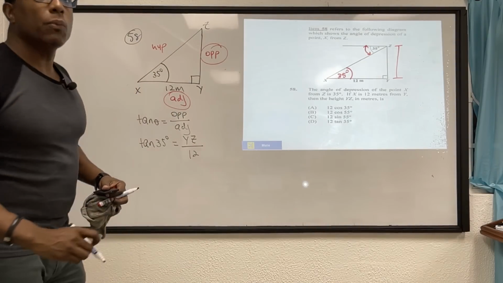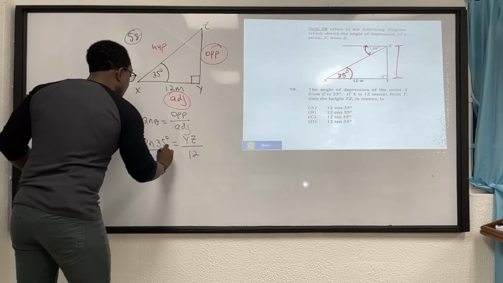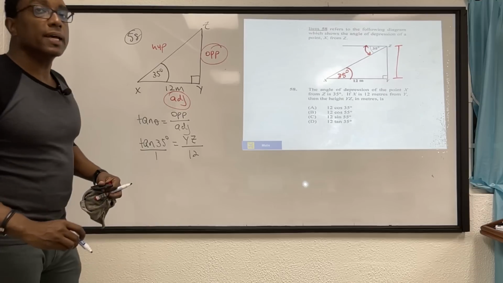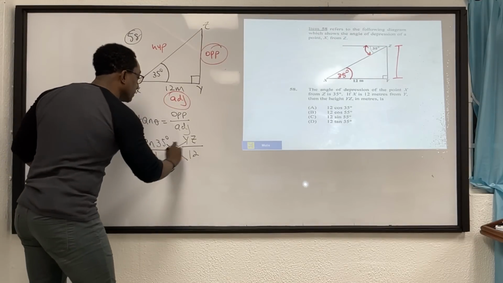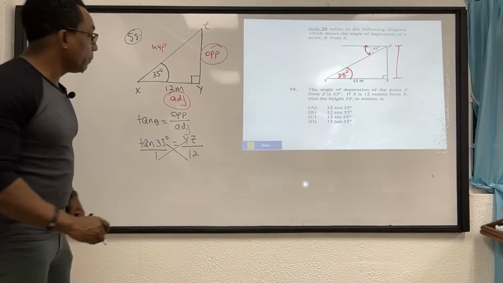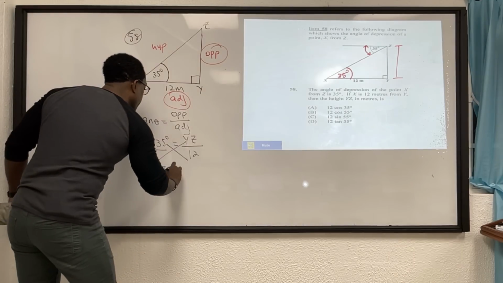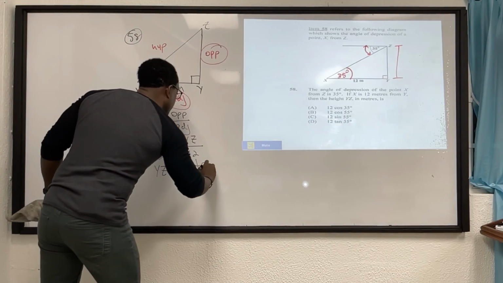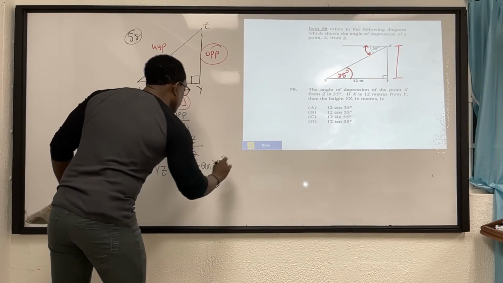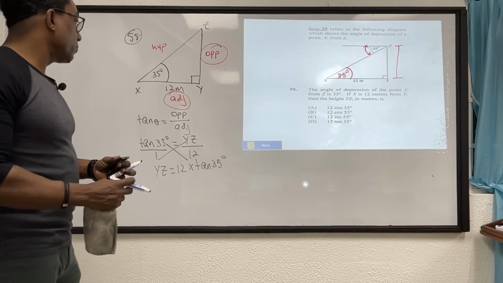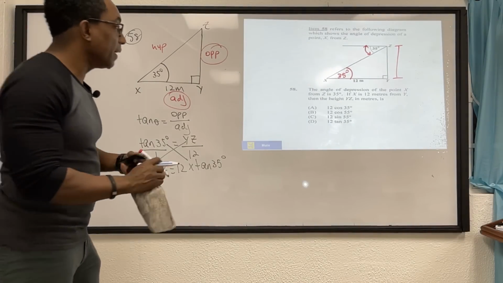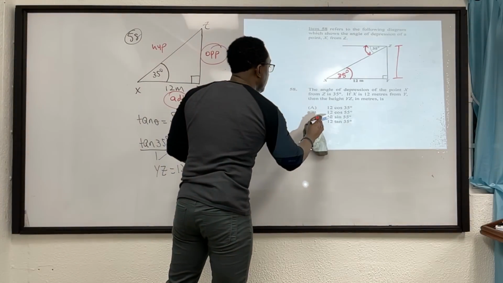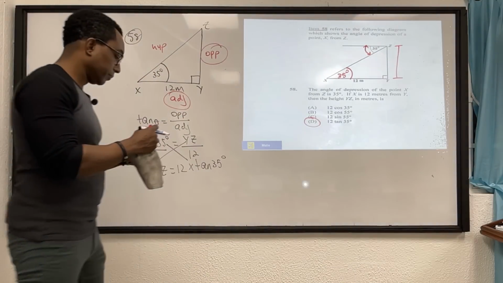To get YZ by itself, I can put tan 35 over 1 and cross multiply. So 1 by YZ will give me YZ. This will be 12 multiplied by tan 35 degrees. So YZ is equal to 12 multiplied by tan 35, whose answer here for 58 is D.